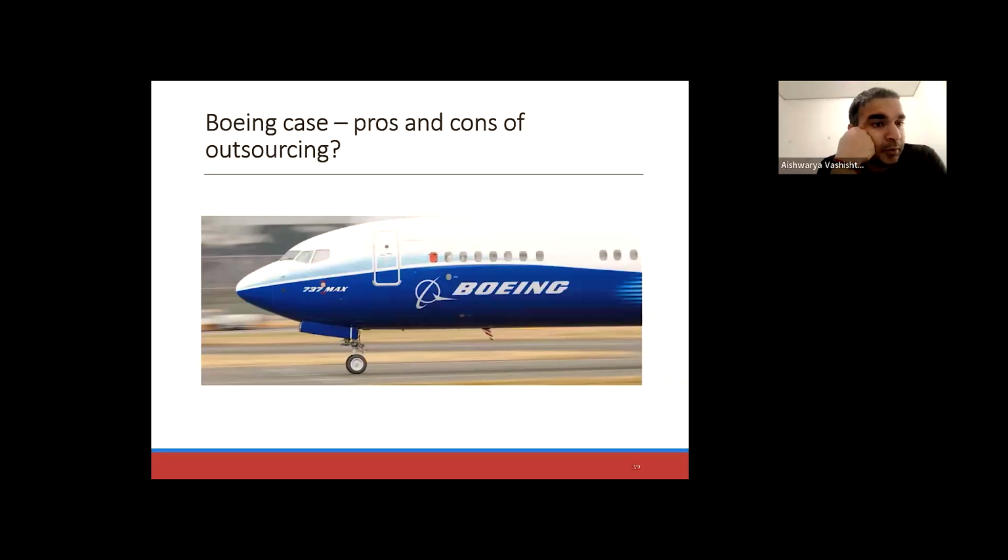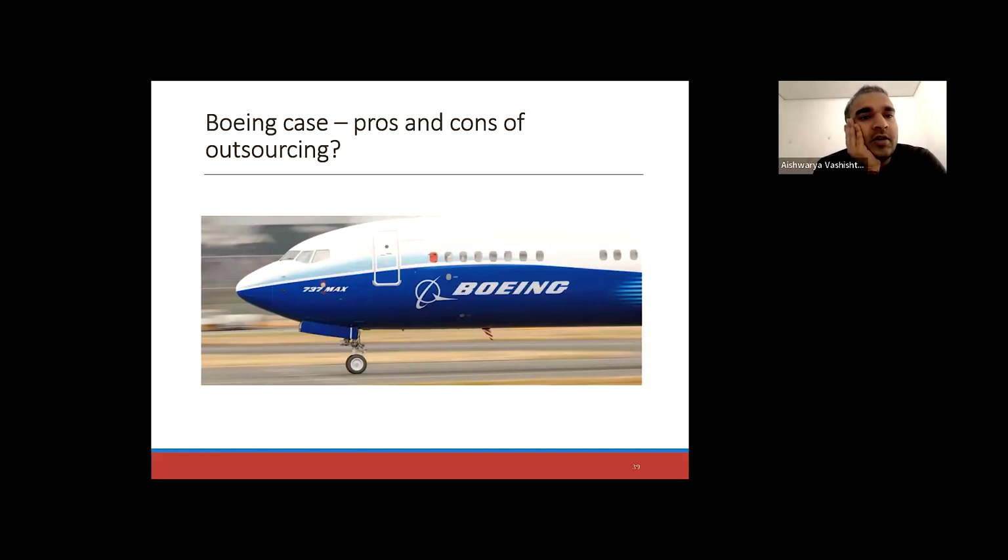So another pro or advantage of outsourcing in the case of Boeing was, there are only two major firms in the aircraft industry, right? Boeing and Airbus.